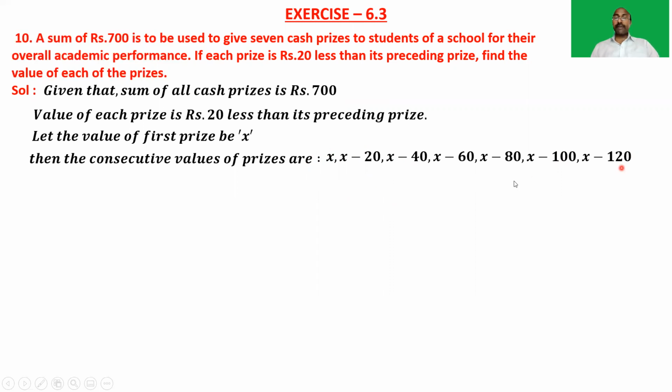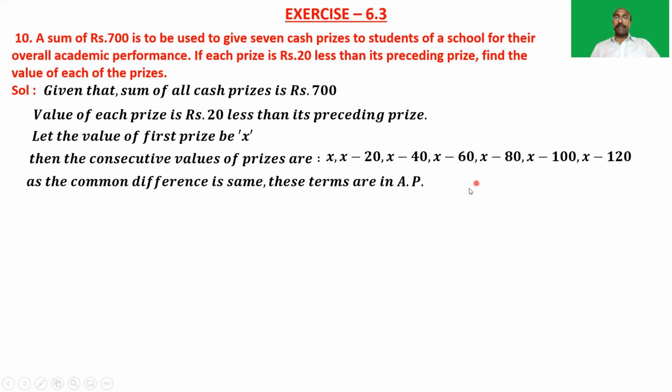In that way, we have 7 prizes up to x minus 120. So we can observe that these terms are also in AP, because each term is decreasing by 20 here. The common difference is same. So these terms are in AP with first term a is equal to x and the common difference d equal to minus 20.